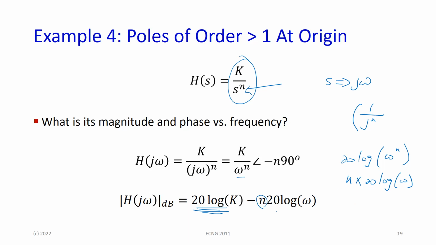When omega is 1, this term is 0. When omega is 10, 20 log 10 is 20. We already said when n is 1, which is K over s, it decreases at 20. If you have s squared, n will be 2, so it will decrease at 40. S cubed, it will decrease at 60. S fourth, it will decrease at 80.